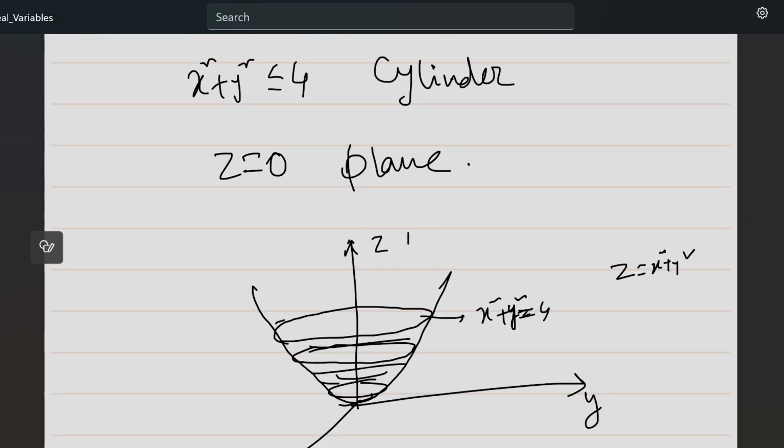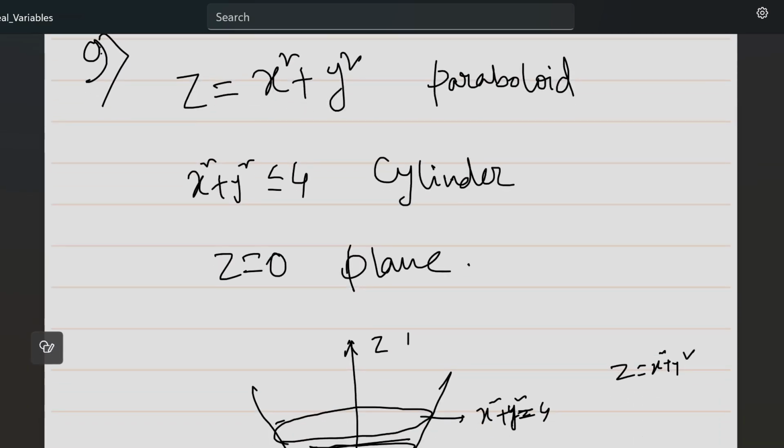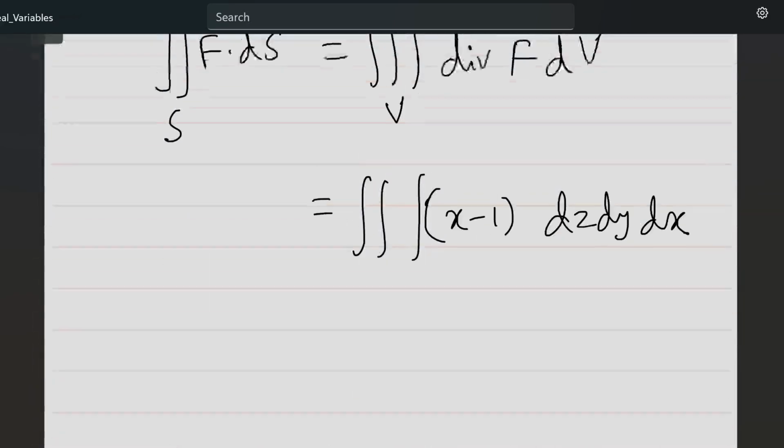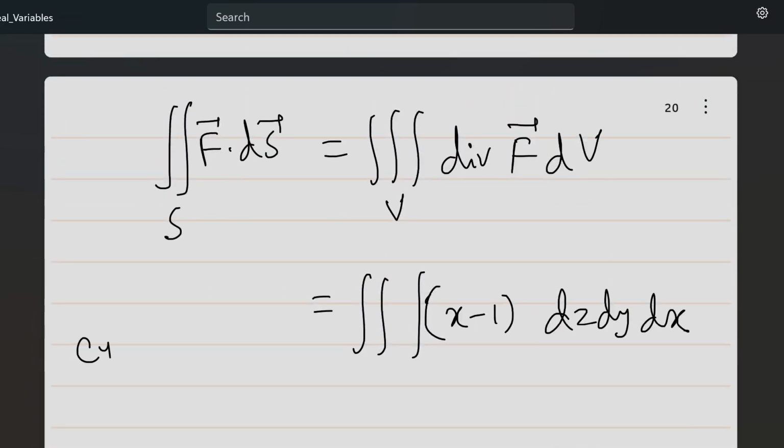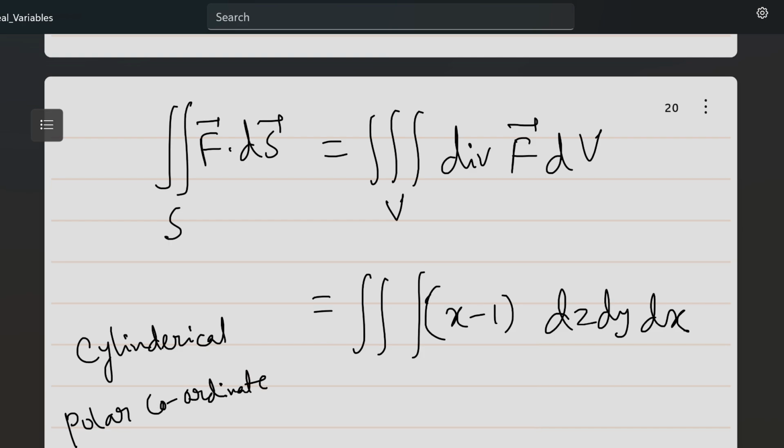It is a cylinder, so any idea of something called cylindrical polar coordinates? It is a cylinder, na? But you have to bound it by this plane, so I am not drawing the other portions. Do you know cylindrical polar coordinates? Yes, sir. So you have to use cylindrical polar coordinates here, because you cannot write z as a function of x, y. It will be problematic.